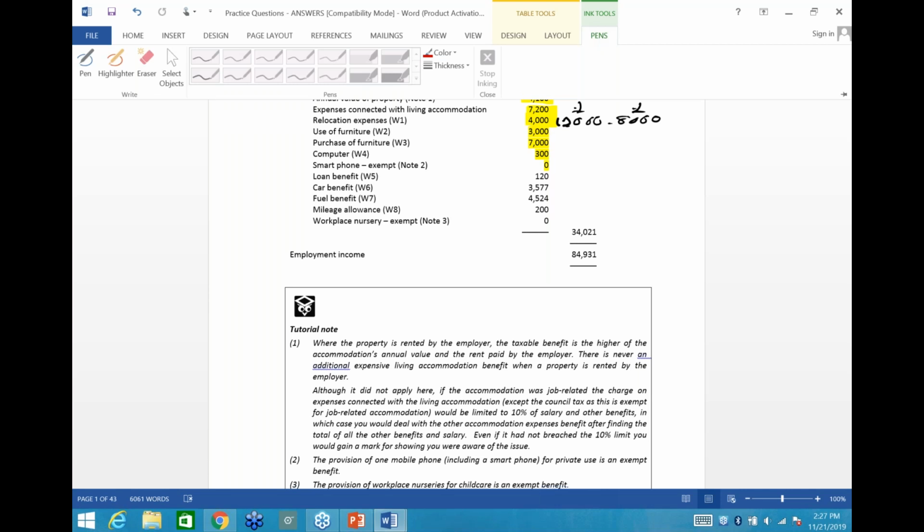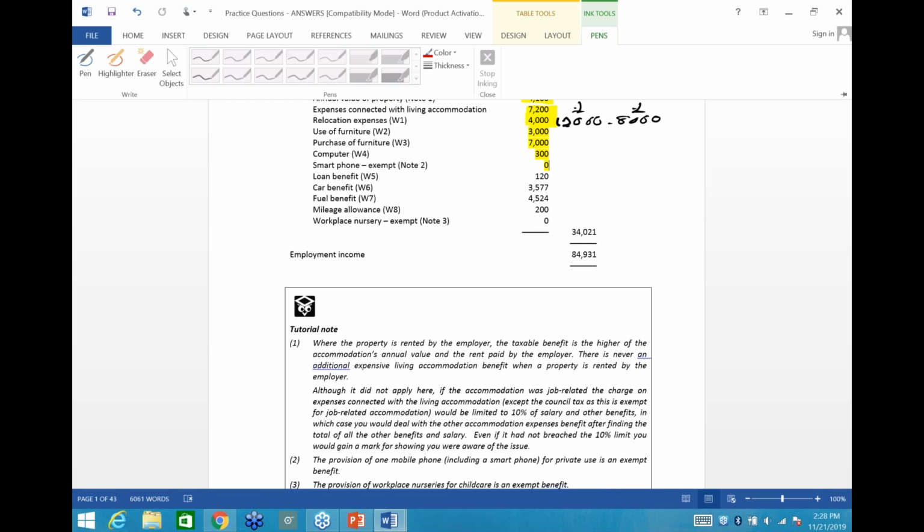Okay. Then look at the next one. Daring Designs Limited had made a loan to Rita in 2015 of 12,000 pounds at a rate of interest of 1.5% per year. The loan is not being used for a qualifying purpose. No part of the loan has been repaid. Okay.